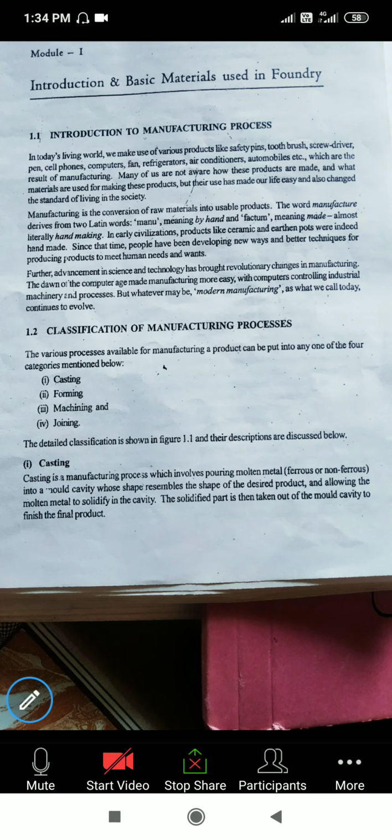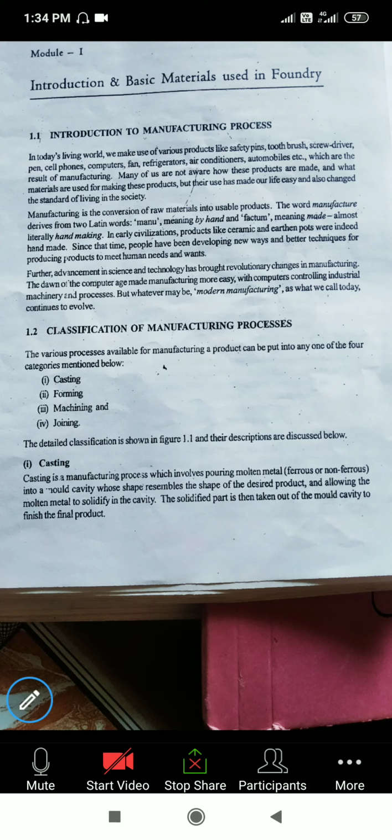There are methods used to manufacture such things. The worldwide common methods are forging, casting, forming, machining. These are some of the methods used for making products.